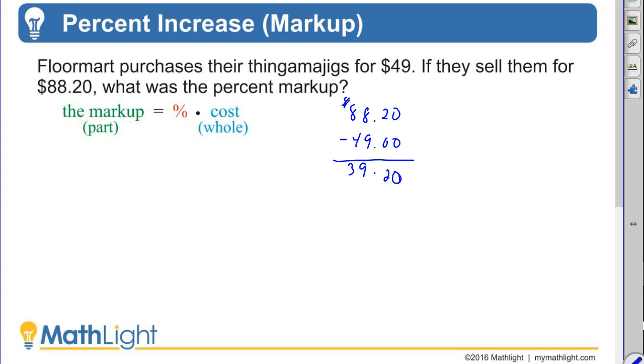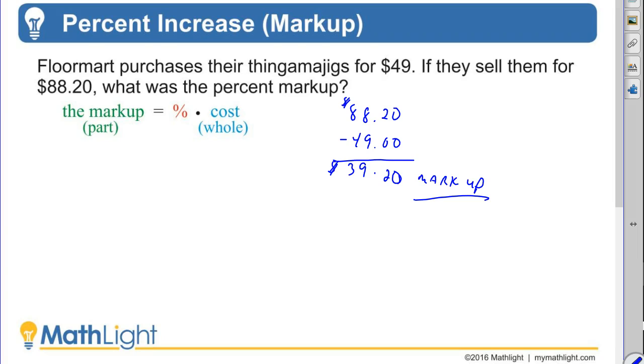And again, you can always punch this out on your calculator just to make sure you're doing things correctly. So we got $39.20. This was the markup. Be careful. Say, I wouldn't have known to do that. I know. That's why I chose to do this problem this way for you.